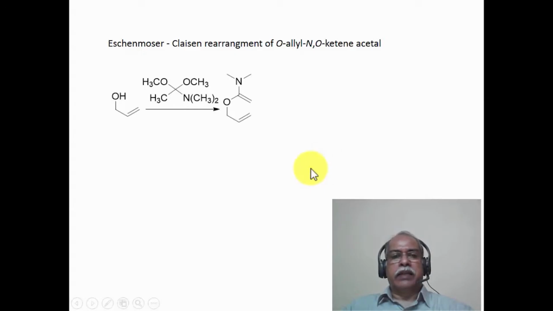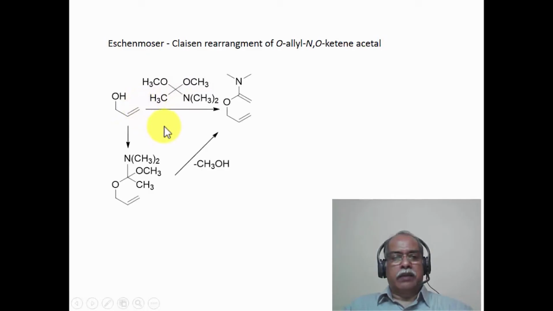Now the Eschenmoser-Claisen rearrangement is essentially converting an alcohol to an amide of this type. Sorry, not the amide. This is the Claisen system, which is generated by treating this acetal, which is nothing but the acetal of N,N-dimethyl acetamide, by a trans-etherification reaction first.